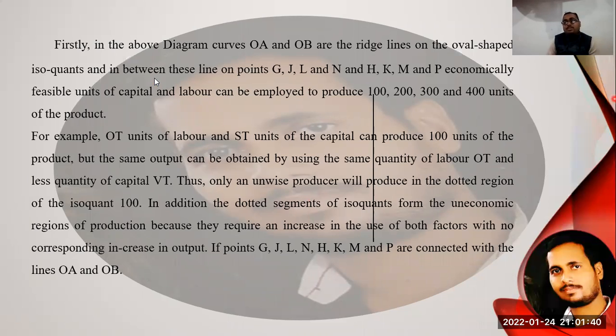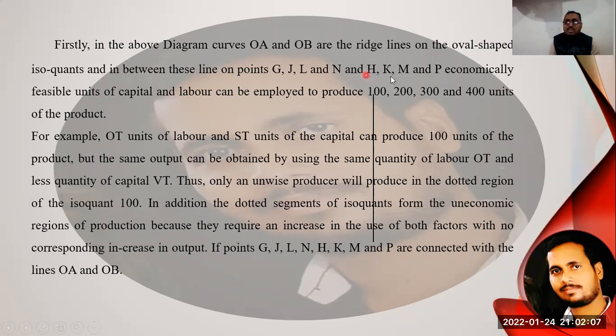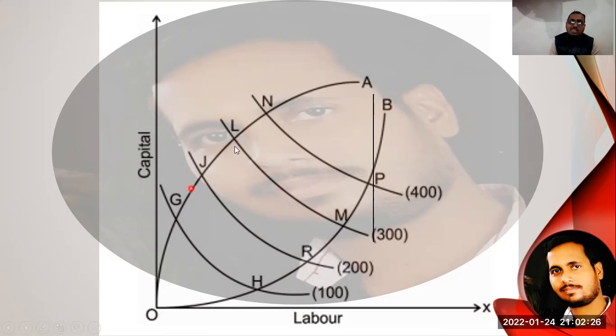Firstly, in the above diagram, OA and OB are the ridge lines on the oval shape isoquant, and in between these lines, on the points G, J, L, N and further H, K, M, P, economically feasible units of capital and labor can be employed to produce 100, 200, 300 and 400 units of output. So it is already mentioned, students, G, J, L, M is the maximum limit of the capital and H, R, M, P is the maximum limit of the labor.